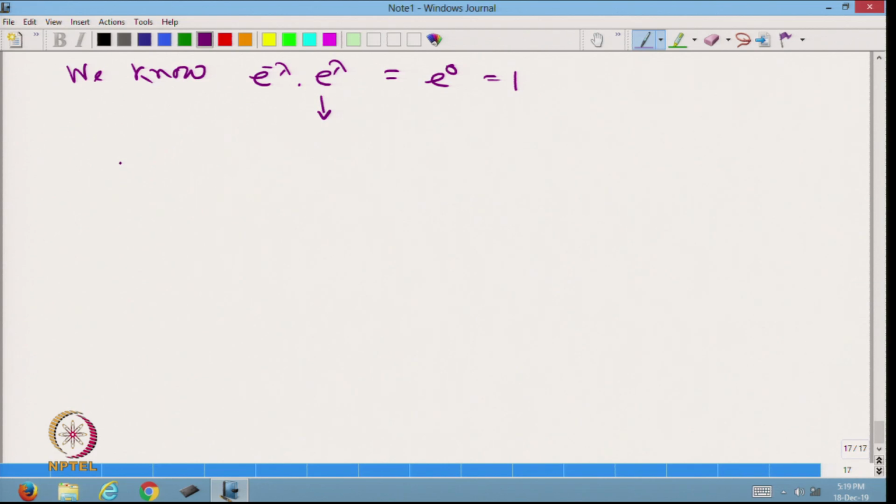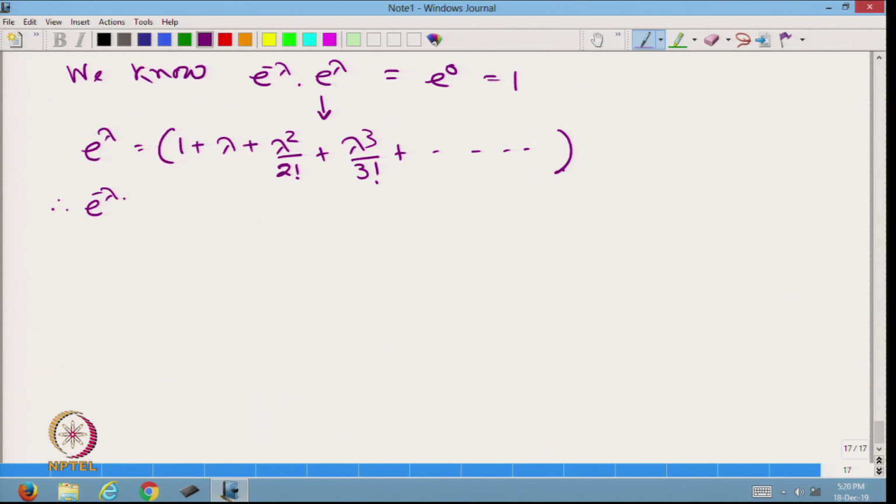Now, we know that we can expand e to the power lambda as follows: e to the power lambda is equal to 1 plus lambda plus lambda squared upon factorial 2 plus lambda cubed upon factorial 3 up to infinity. Therefore, e to the power minus lambda into e to the power lambda is equal to 1, which is equal to e to the power minus lambda into 1 plus lambda plus lambda squared upon factorial 2, like that.